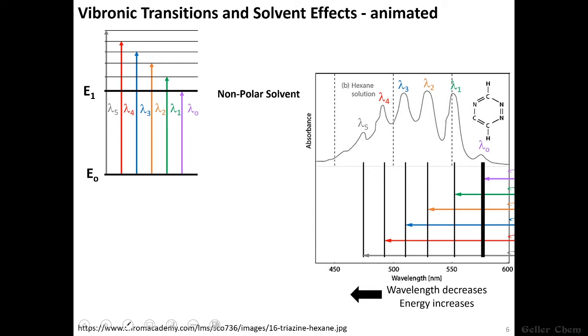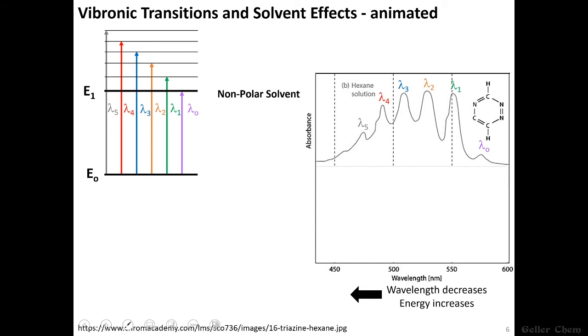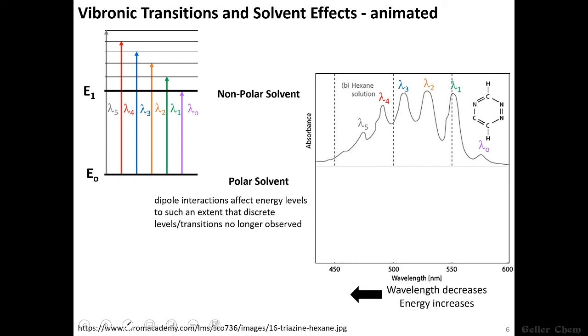Okay, now let's quickly discuss what happens in a polar solvent, like water. Well, what's going to happen is that dipole interactions with the polar solvent molecules will actually affect these energy levels in the triazine solutes, so that these clear and distinct energy gaps are no longer observed. It's kind of like these levels start to wiggle around in energy like so.